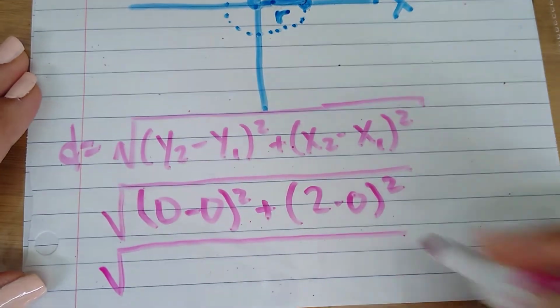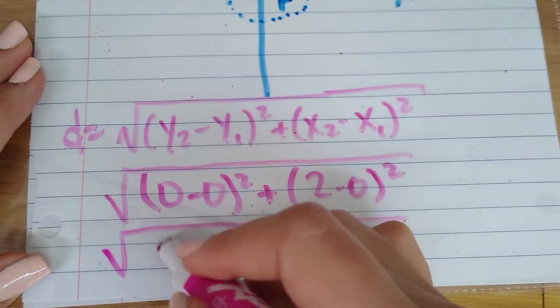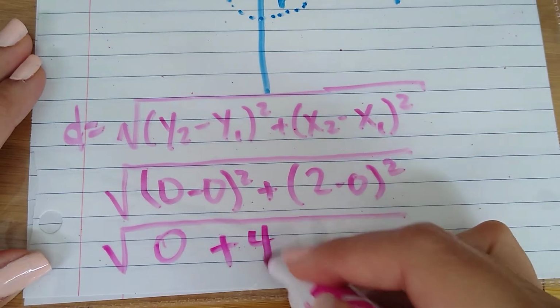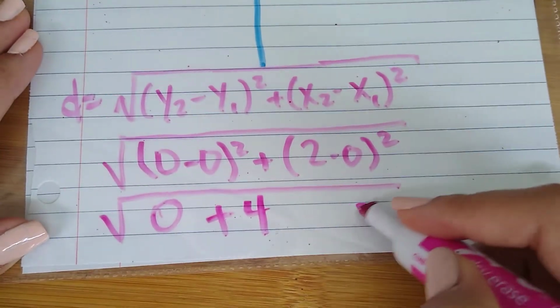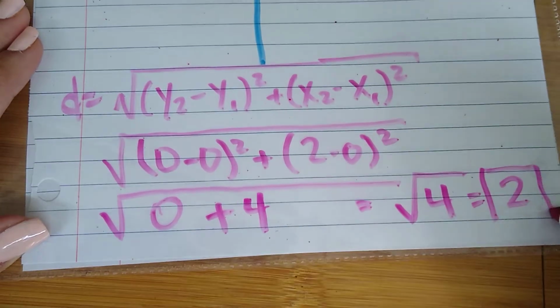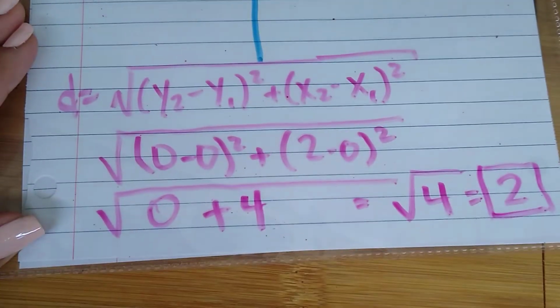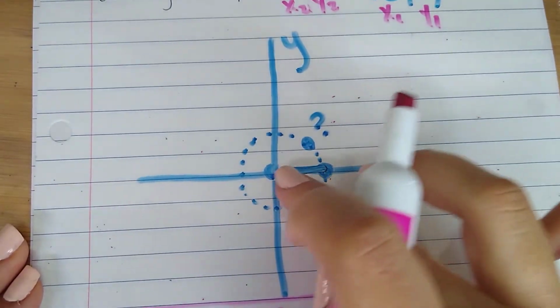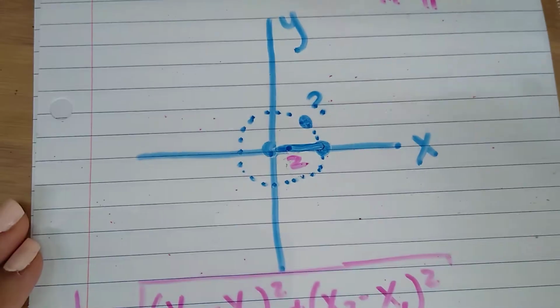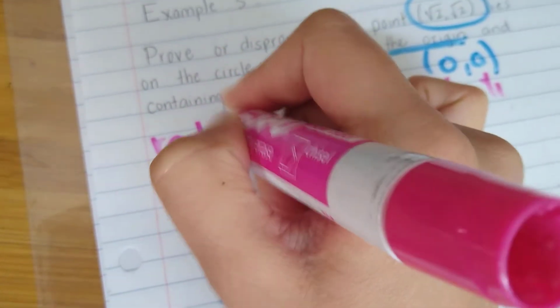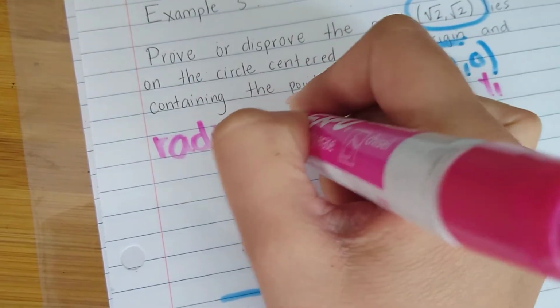And when I simplify that, this is just going to go away, 0, and this is 2 squared, which is 4. And the square root of 4, I know, is 2. So now I know that my radius here is 2. I'm just going to make a note: radius is 2.